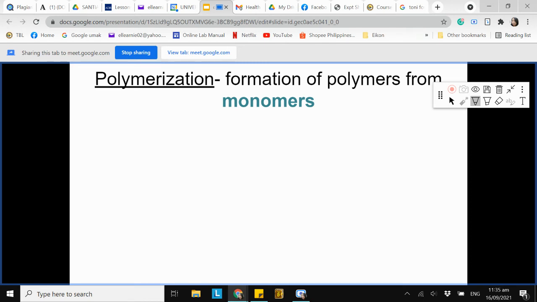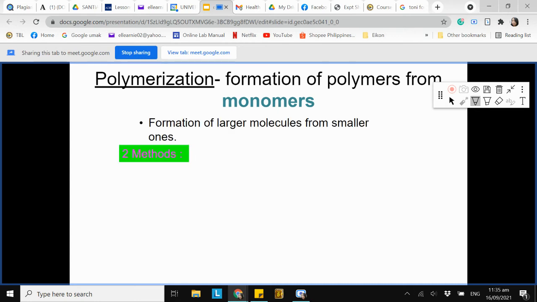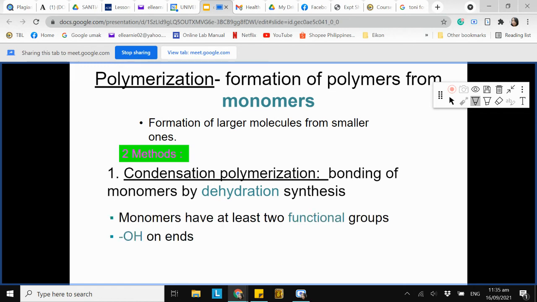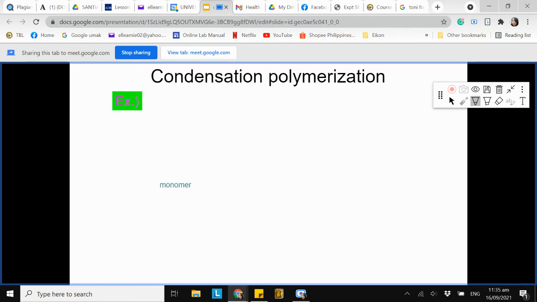Now, when we combine those monomers together, we form polymers. So, polymerization is the formation of polymers. There are actually two methods of polymerization. The first one is condensation polymerization. Usually what happens here is you undergo dehydration synthesis. You have two functional groups working on it.